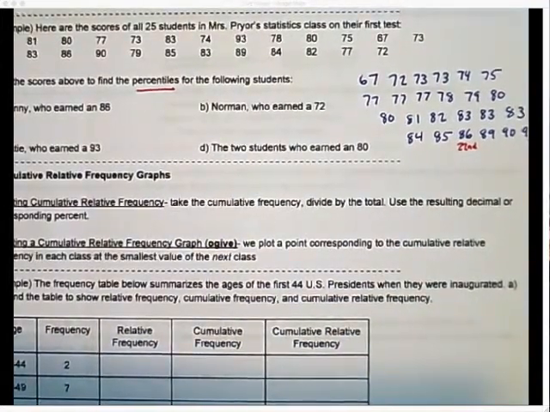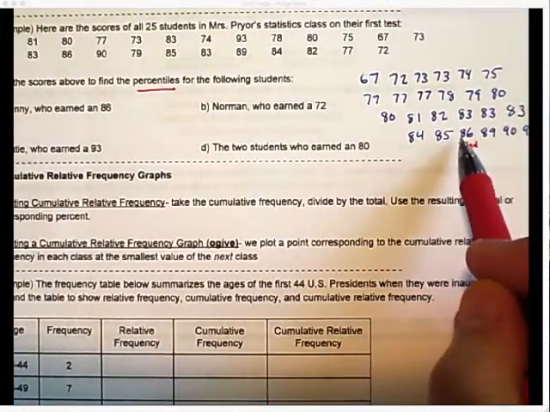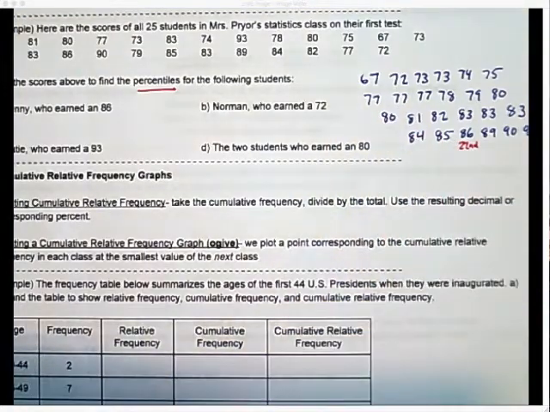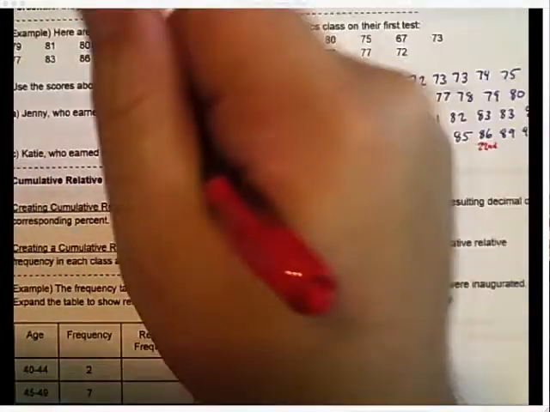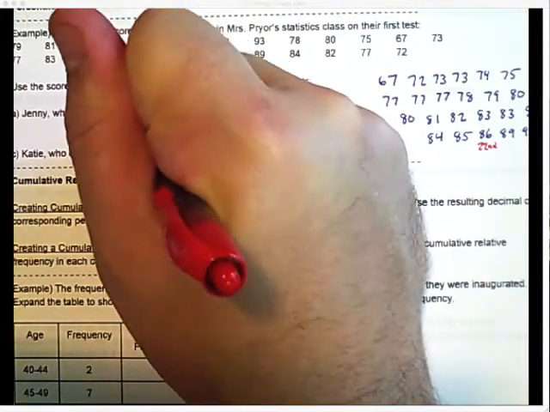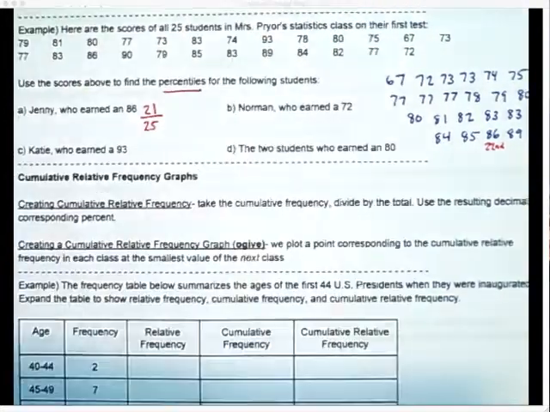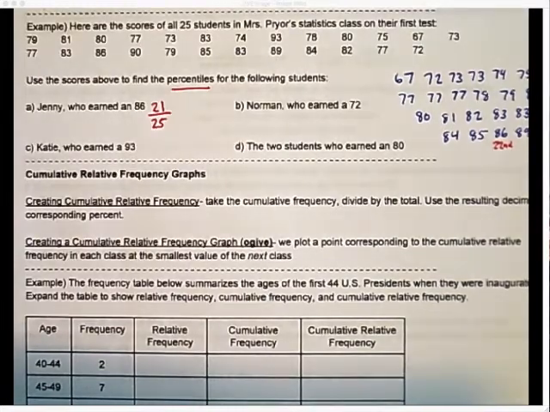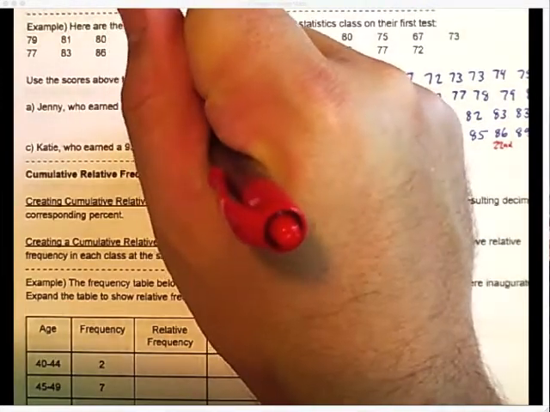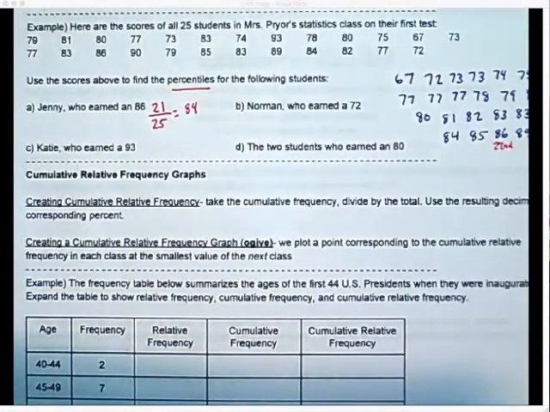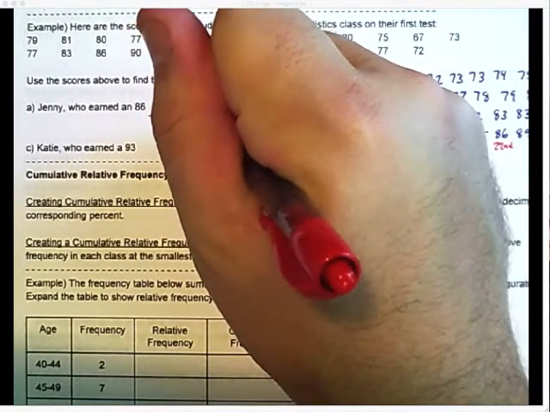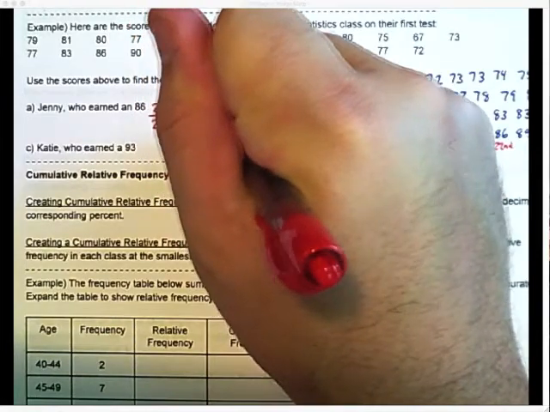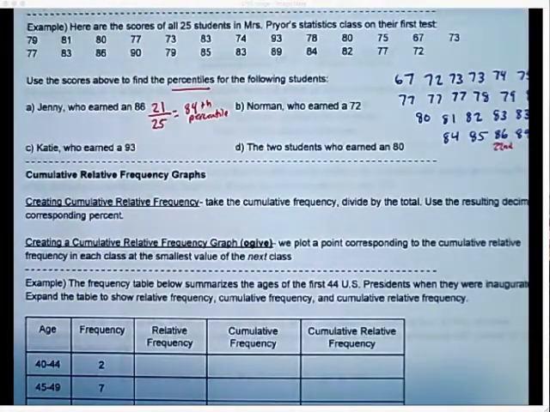To find the percentile for Jenny, how many people are below that? Well, 21 people scored less than she did. So all we do is we take 21 over 25. If I divide 21 by 25, it's 0.84. So that means Jenny is in the 84th percentile, because 84% of the people scored below it.